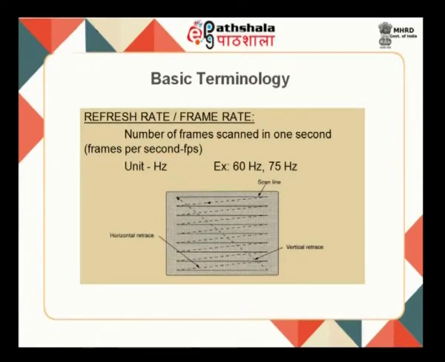a standard refresh rate. For your monitor, you can change this setting, because even at 60 Hz, if you are using an olden day CRT monitor, now being replaced by flat panel, flat screen devices, you can better adjust your refresh rate to 70 to 75 Hz, because even at 60 Hz our eyes are able to detect the flicker of the screen.